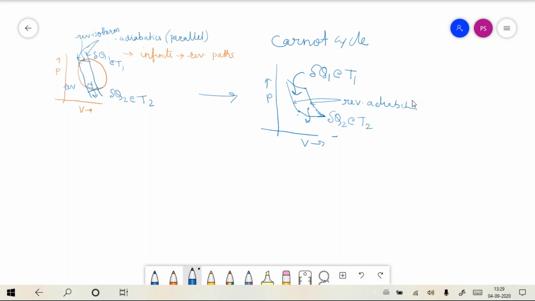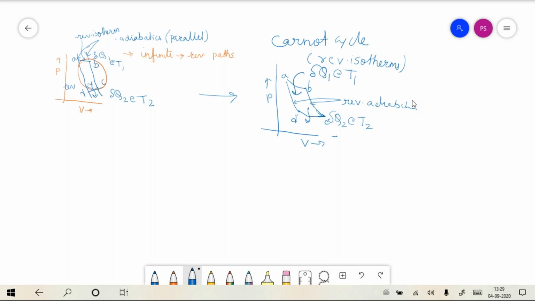Because a Carnot cycle has two reversible isotherms, wherein there is a heat addition. This is one reversible isotherm and this is another reversible isotherm. Let me call these A, B, C, D.